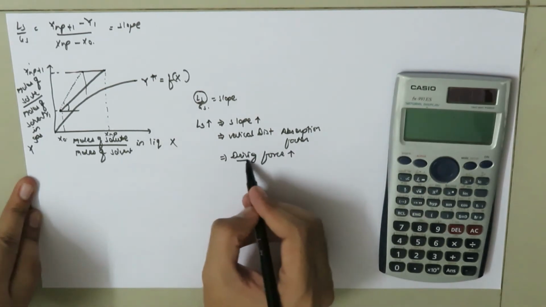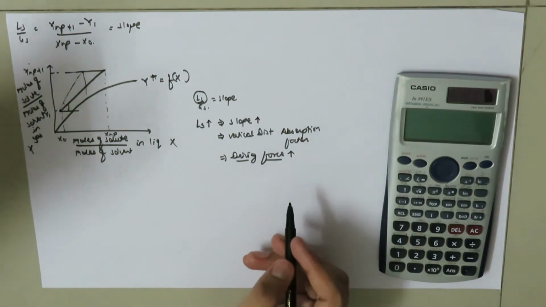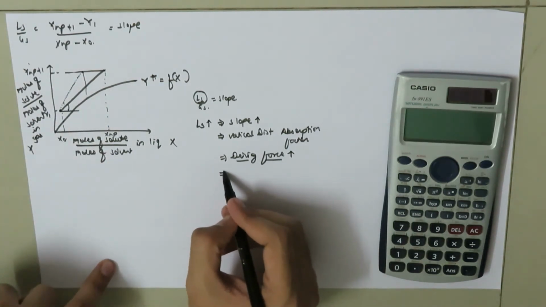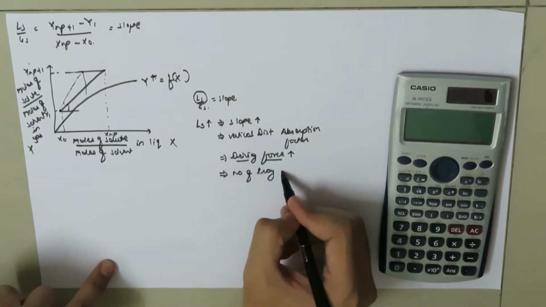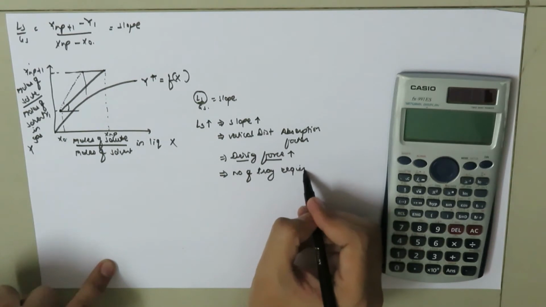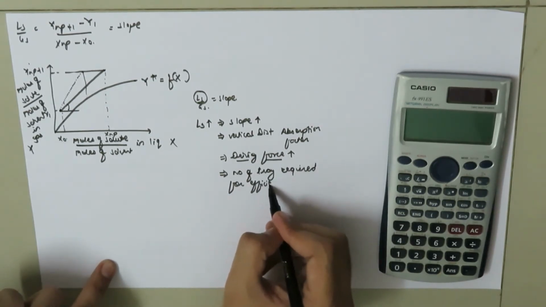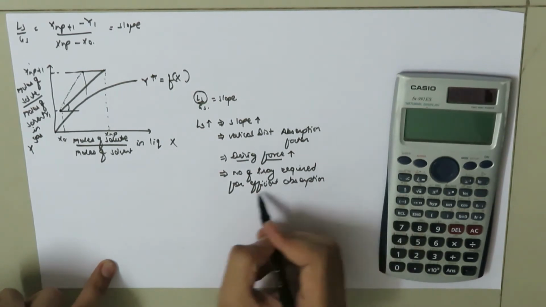And when the driving force increases, the number of trays required for efficient absorption decreases.